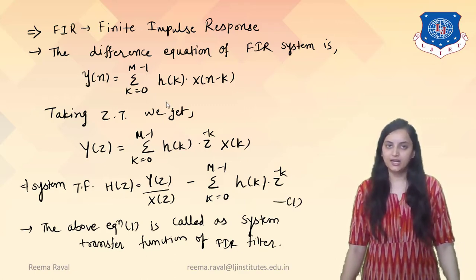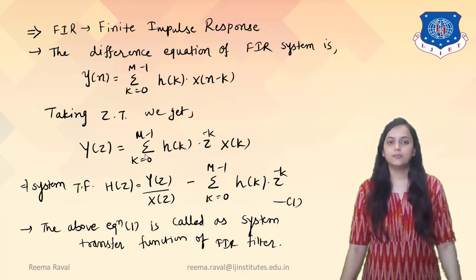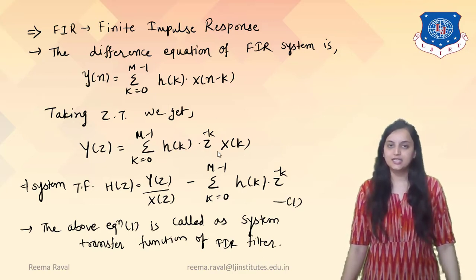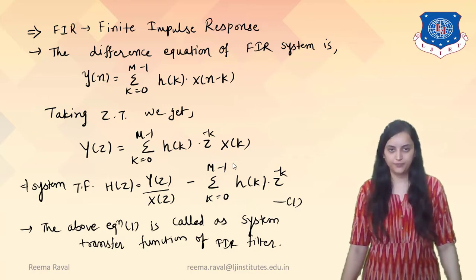Now if we take the z transform over here, we get Y of z equals summation of k equals 0 to M minus 1 h of k into z raised to minus k into X of z. We have obtained here z minus k using the time delay property of z transform, as here x of n minus k is there, that's why here there will be z raised to minus k.